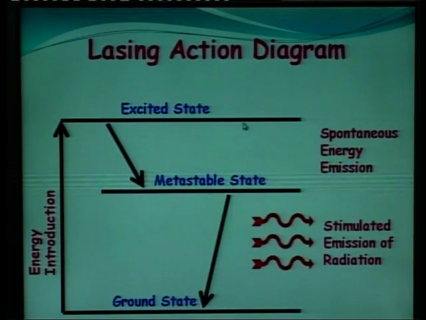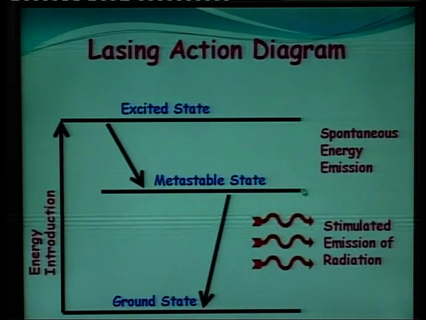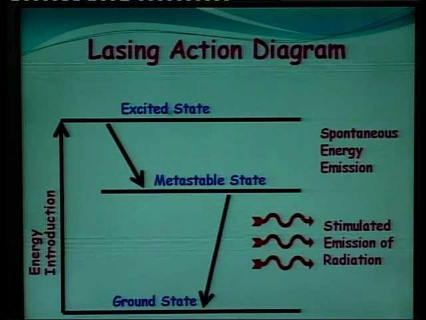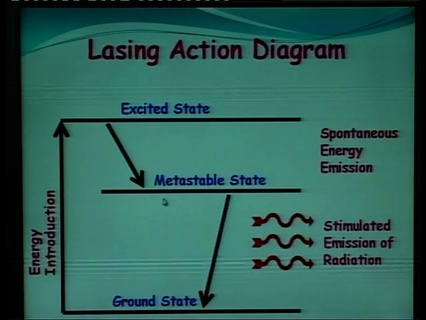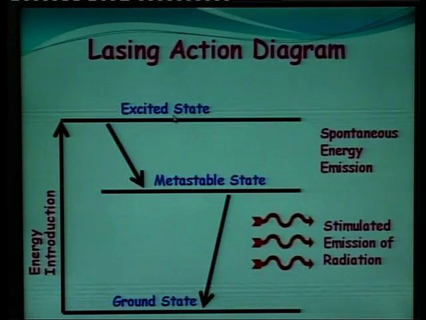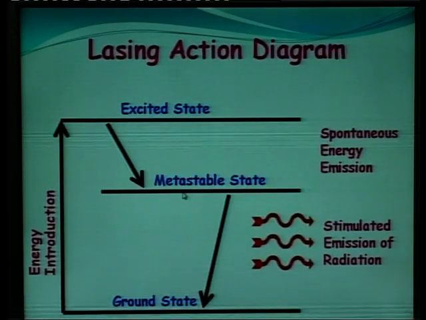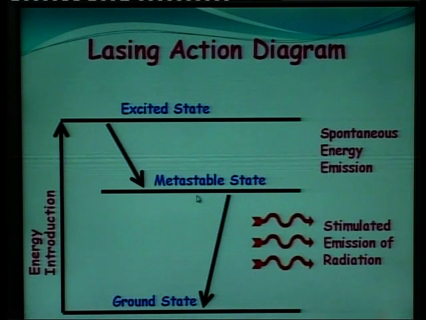They can't remain here for long, so by spontaneous emission they come to the metastable intermediate state. Between ground and excited, there is an intermediate state which is called the metastable state. In this level, between the metastable and ground state, the laser is produced.